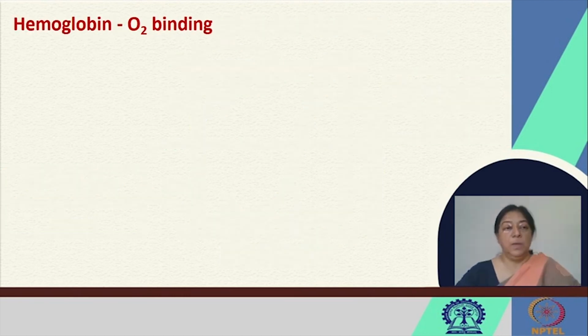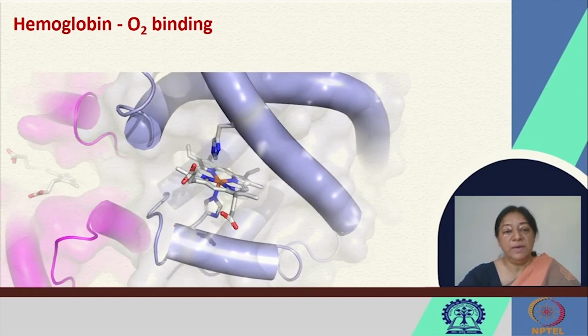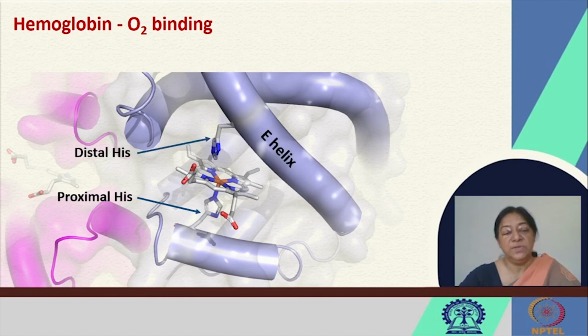If we now look at a cartoon representation of hemoglobin oxygen binding, we have our specific subunit where we have one heme moiety and the histidine residues, the proximal histidine residue and the distal histidine residue. We have the two helices, the E helix and the F helix, and oxygen.